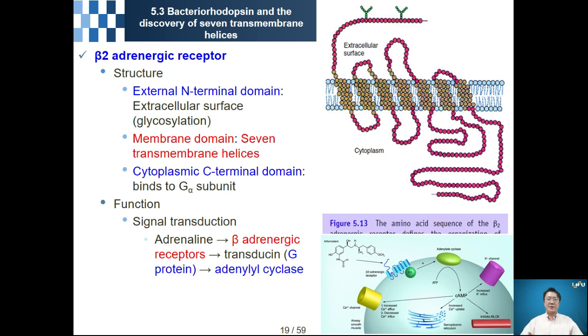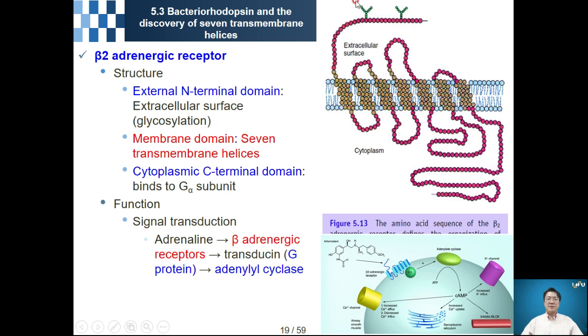Adrenaline binds to this receptor, and this receptor has 7 transmembrane domains. The structure is composed of an extracellular N-terminal domain, a membrane domain, and a cytoplasmic C-terminal domain.